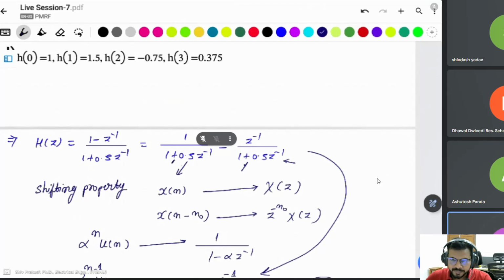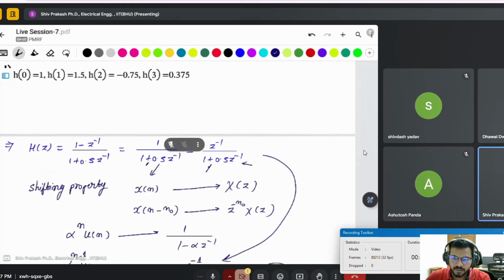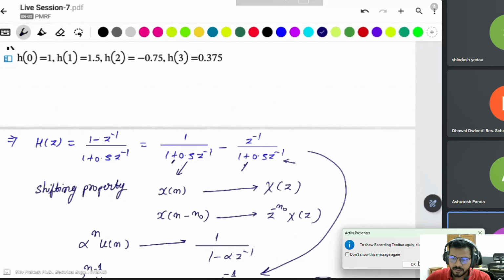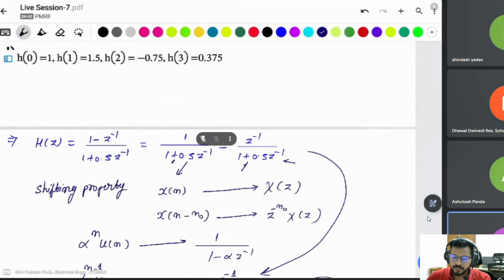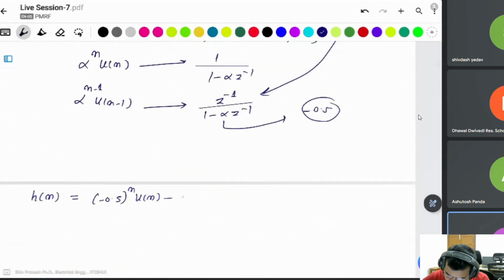The second one is the same thing, plus, but there is some delay of 1 unit, u[n minus 1].